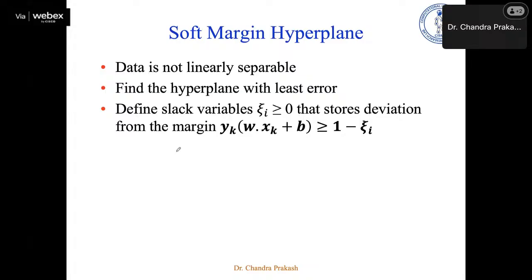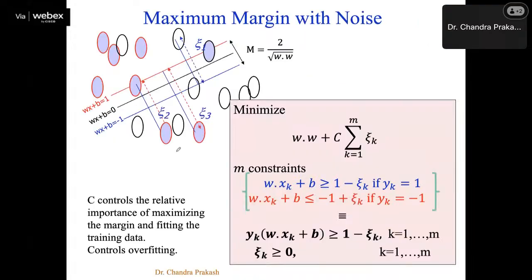We do have another type of soft margin hyperplane as well, where data is not linearly separable. We try to come up with a hyperplane with the least error in those cases. Right, so we come up with a hyperplane where we have the minimum error. And a hyperplane is a plane that linearly divides n-dimensional data into two components. If it's a two-dimensional hyperplane, we call it a line.